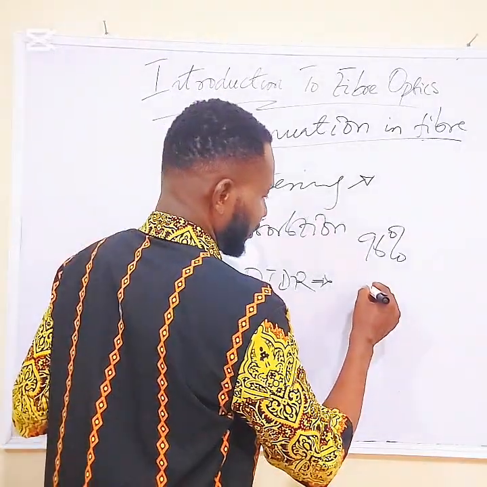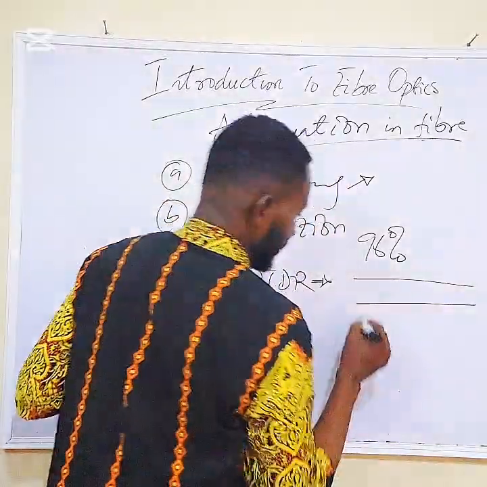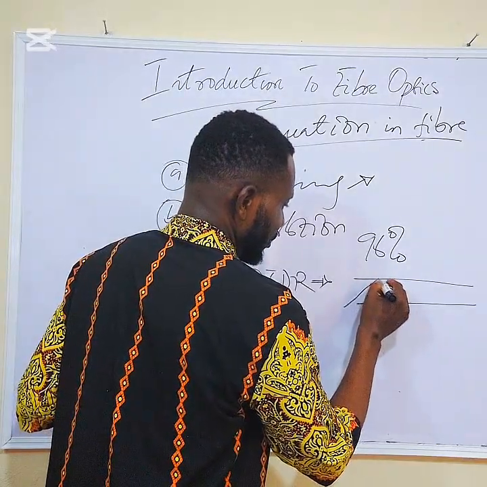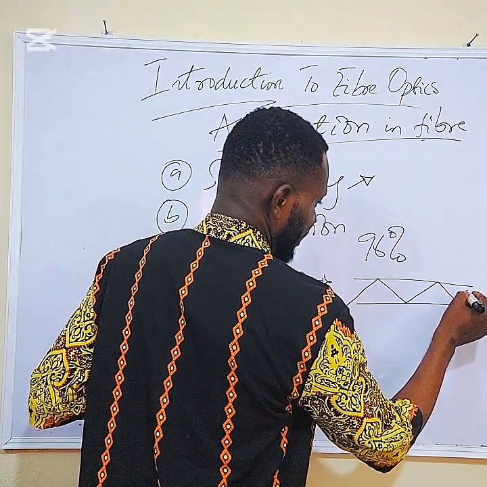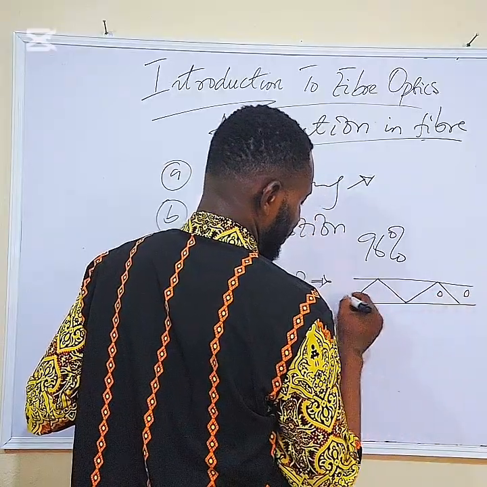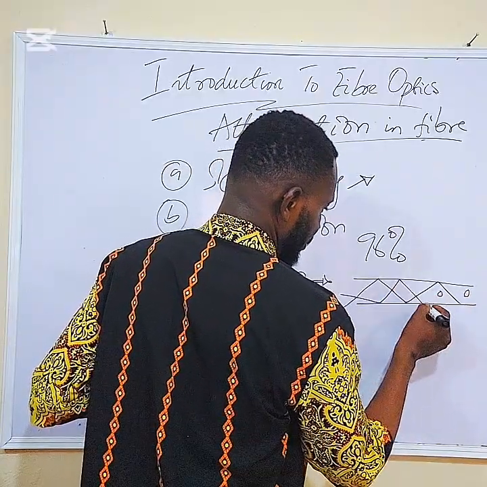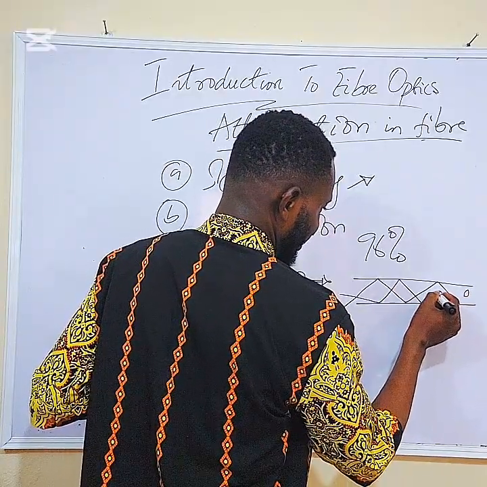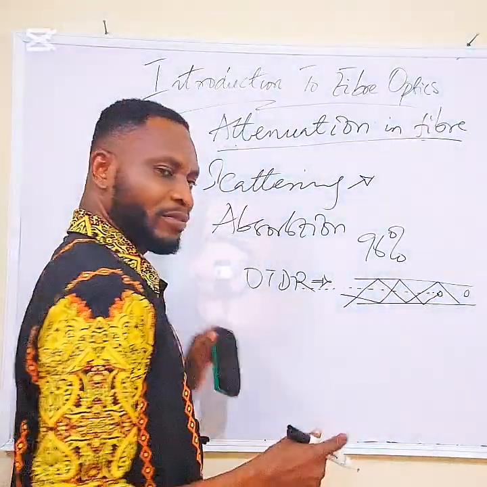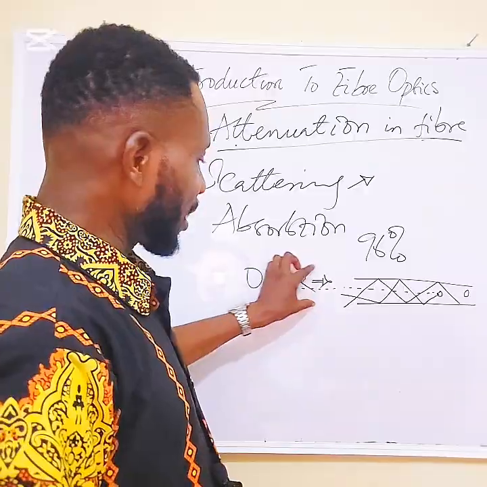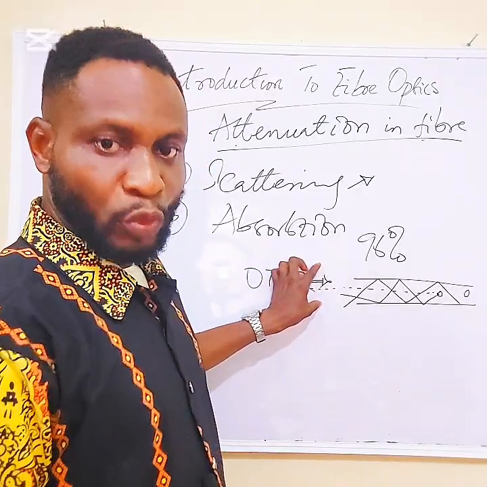When this is a cable and the light goes in, hits here, hits here, hits here, there's an obstacle somewhere here. This one goes, this one hits. As it hits here, there will be a reflection, and that reflection comes back to the OTDR to measure.